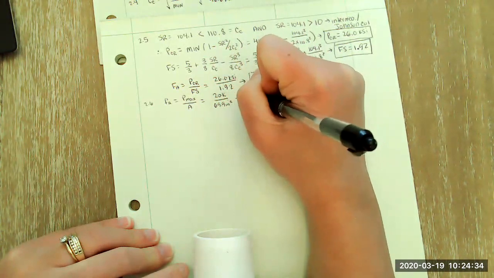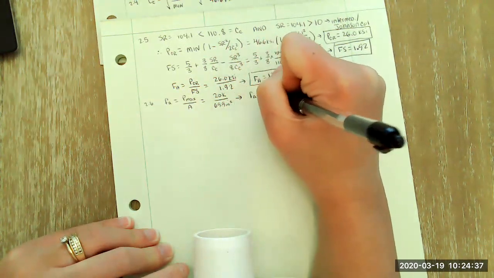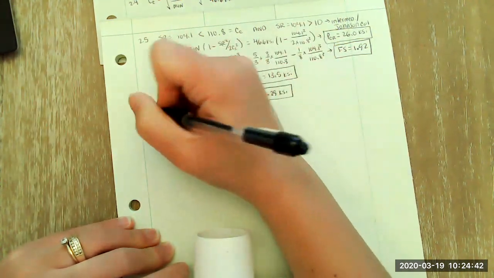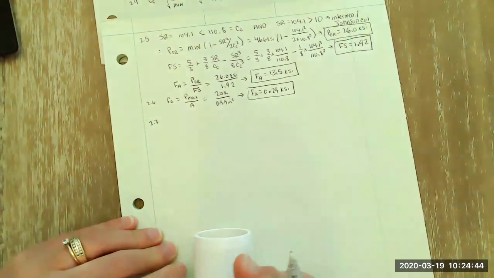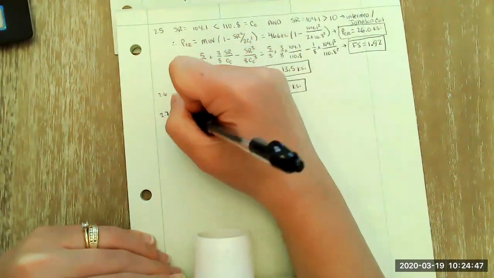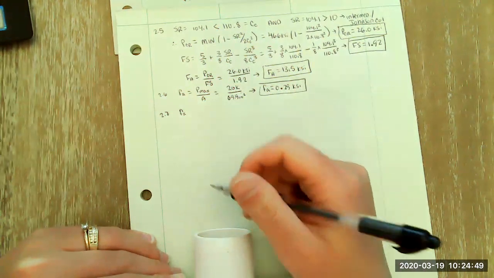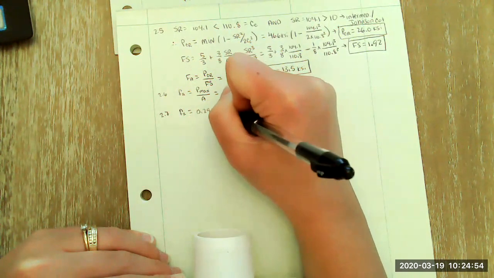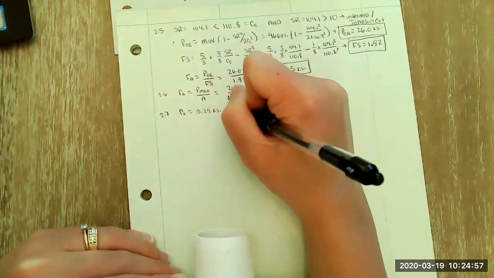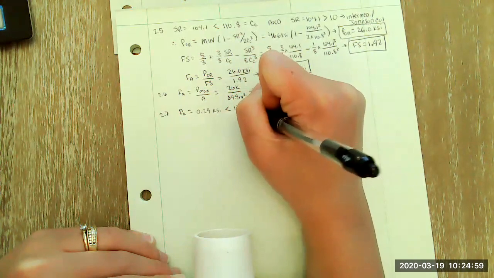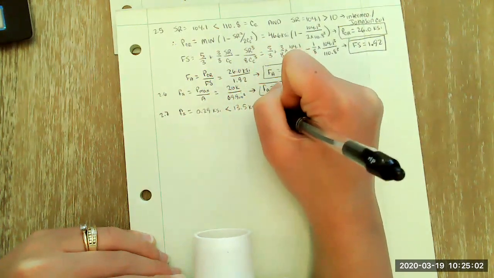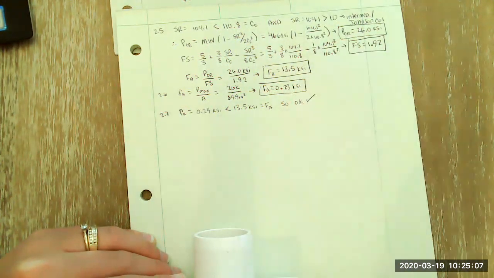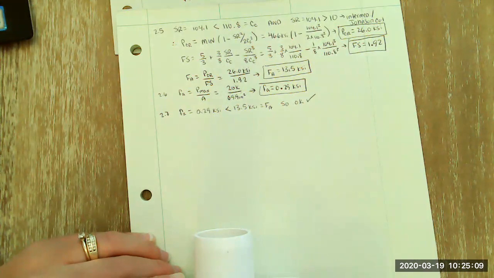So little f sub a is equal to 0.29 kips per square inch. And then finally, the very last step in all of these checks is to explicitly state that our actual compressive stress, 0.29 KSI, is indeed less than our allowable buckling stress of 13.5 KSI, capital F sub A. So, okay, check. And we can move to the next check.